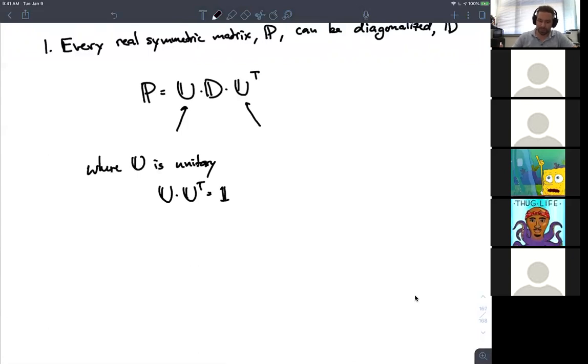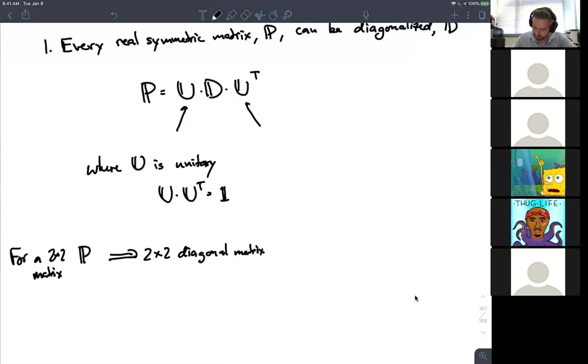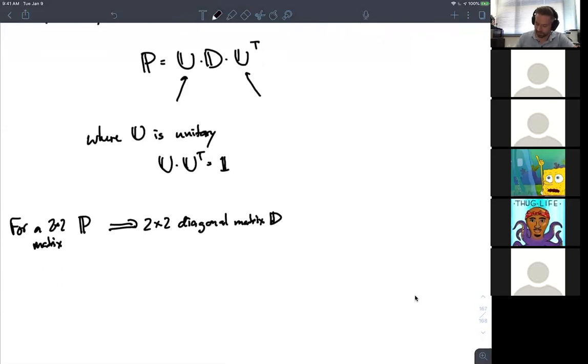So for example, if I start out with some 2 by 2 matrix P, I'm going to get a 2 by 2 diagonal matrix D that is equal to this.